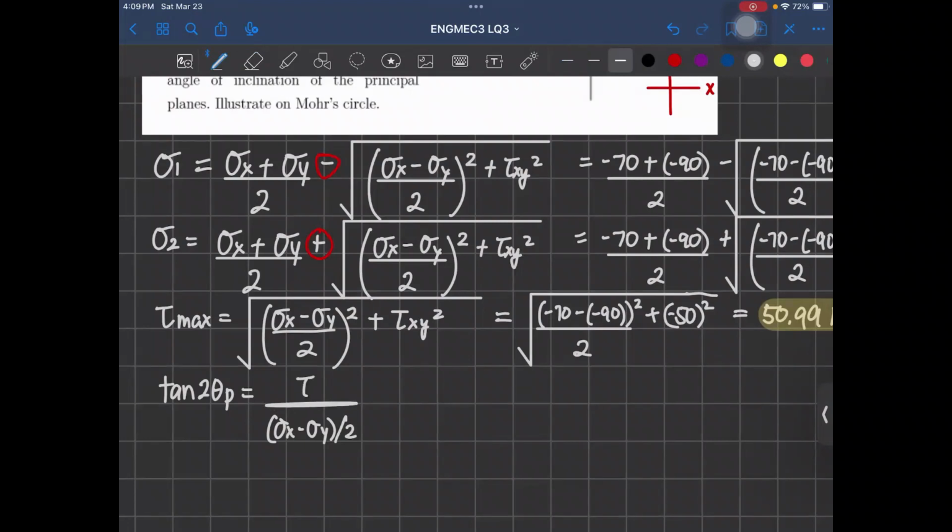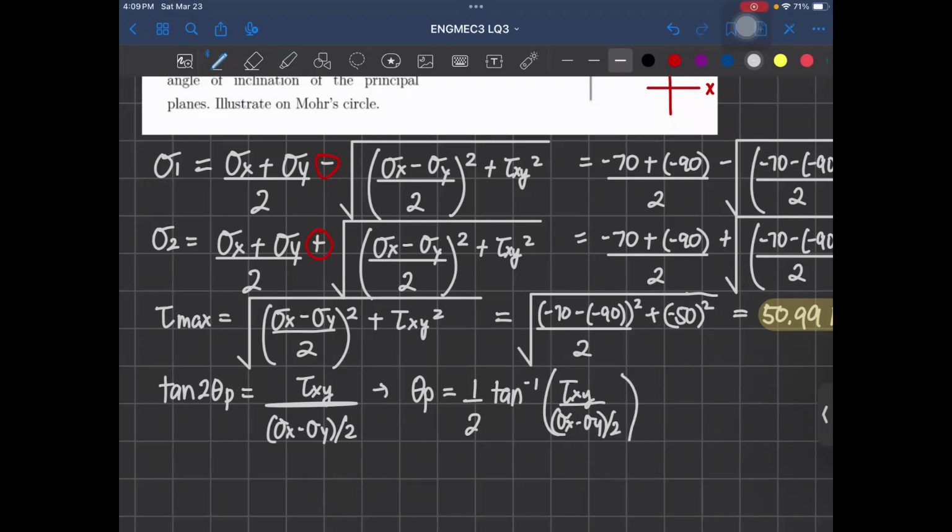Let's plug in our values and solve for theta p. Let's convert it first so that it would be an instant solve. Theta p is equal to 1/2 arctan of tau xy over sigma x minus sigma y over 2.